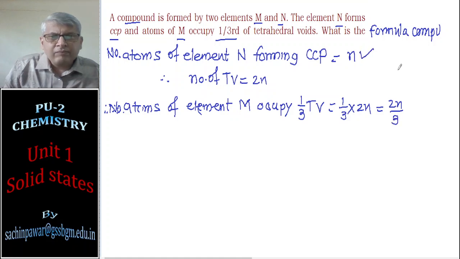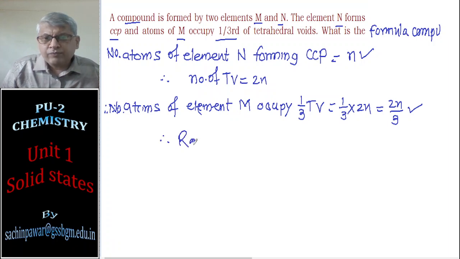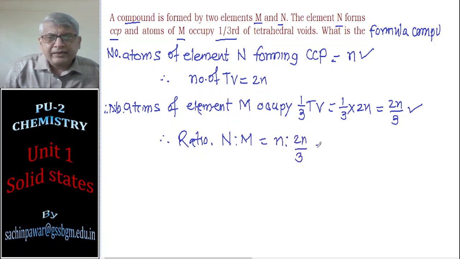So the ratio n is to m is n is to 2n by 3, that comes out to be 3 is to 2.